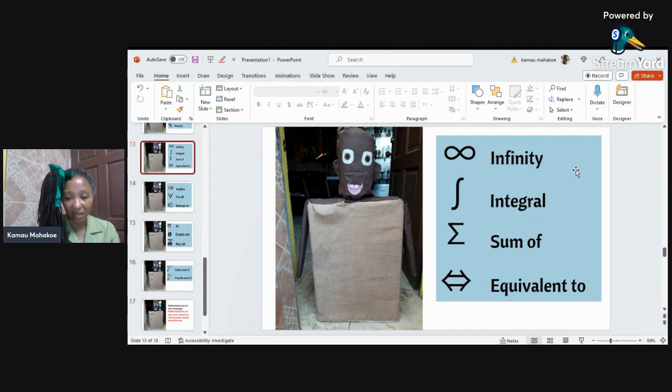The integral is a topic in math that allows us, and integration works alongside differentiation in calculus, and they allow us to do some really neat things in terms of working out the areas under the curve and so on.